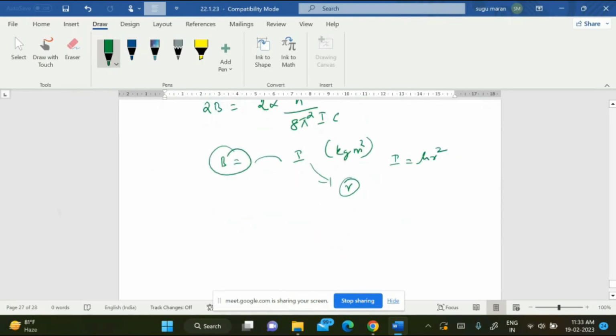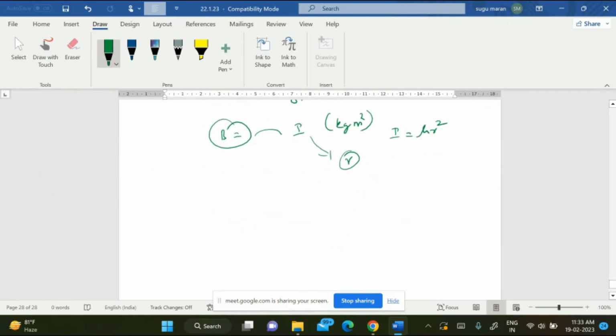So this is what we normally do. So in this approximation, at the lower energy levels, these are the different energy levels: J equal to 0, J equal to 1, J equal to 2, J equal to 3, J equal to 4.